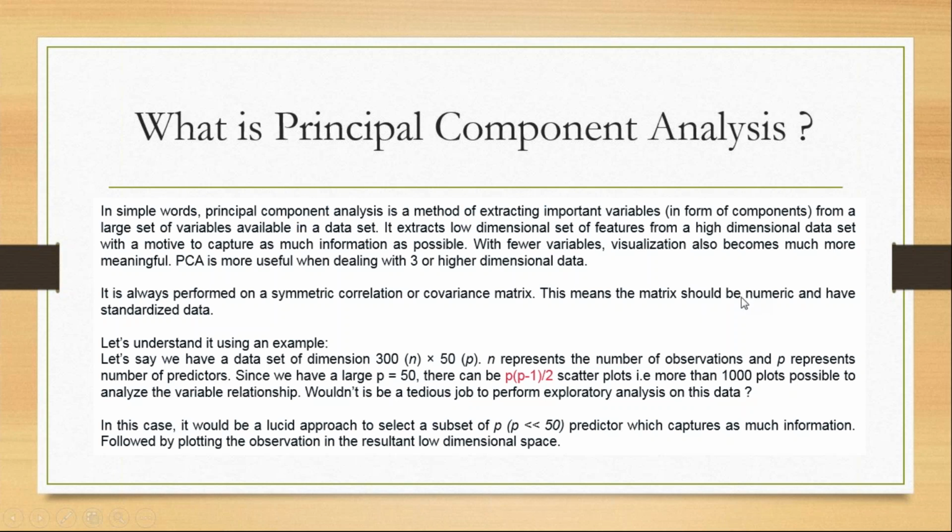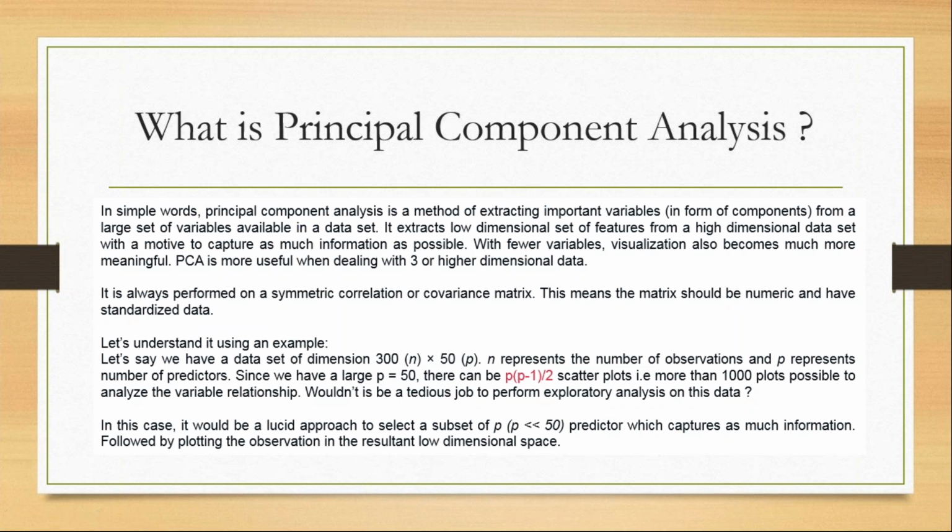So here we have an example to illustrate and understand. Let us say we have a data set of 300 rows and 50 columns. So these are my observations and these are my variables. N represents the observations and P represents the predictor variables.